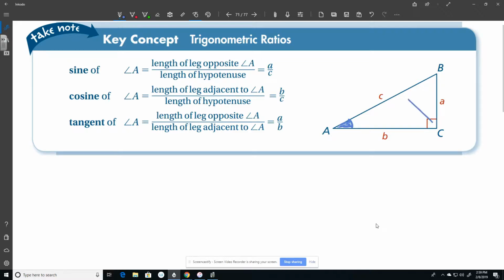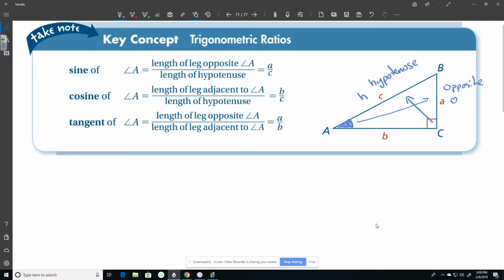Across from my 90-degree angle, this is always my hypotenuse. And we're going to just use H to abbreviate. The side across from the 90 is always H, the hypotenuse. The side across from my angle is always called the opposite side.